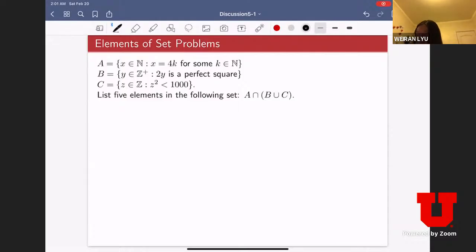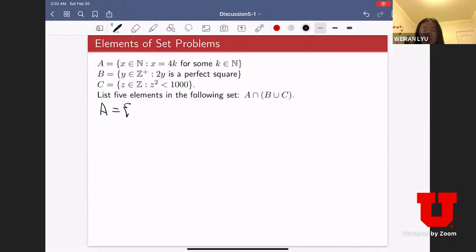All right, so why don't we start by writing out the elements in set A. The element x in set A belongs to the natural numbers, starting from 0, and x equals 4k for some k that belongs to the natural numbers.